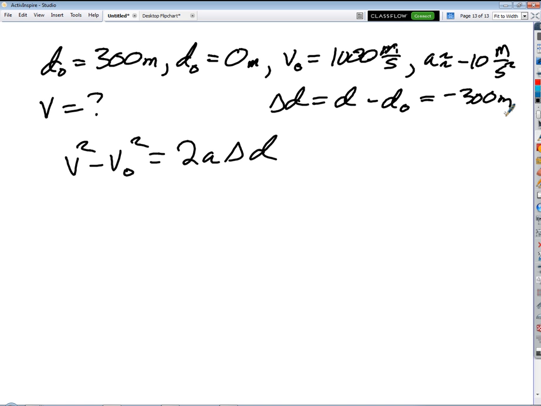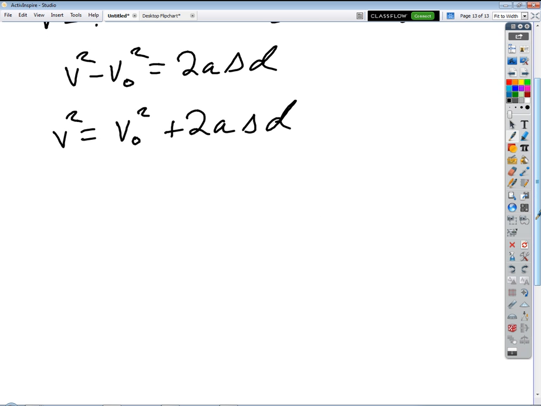Okay, we know acceleration. We know initial velocity. So if I just add initial velocity squared to this side, I get v squared equals v naught squared plus 2a delta d. It's all stuff I know and can plug in, right?